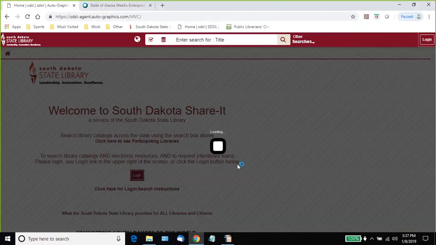I don't know whether the Wi-Fi is slowing us down or what, but my login window doesn't want to open. So hopefully it will.